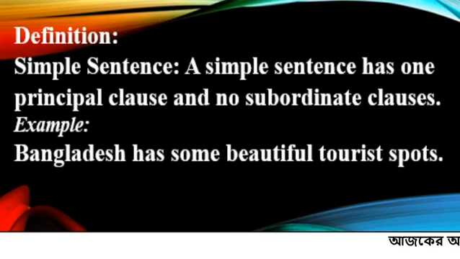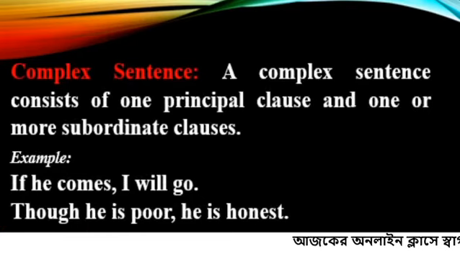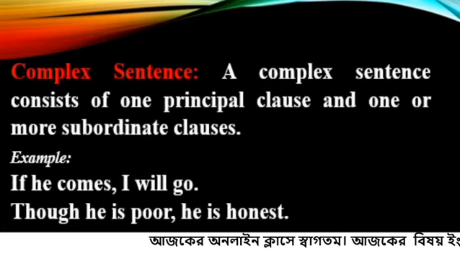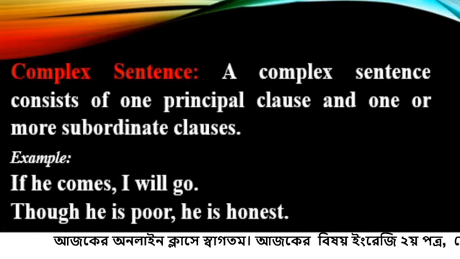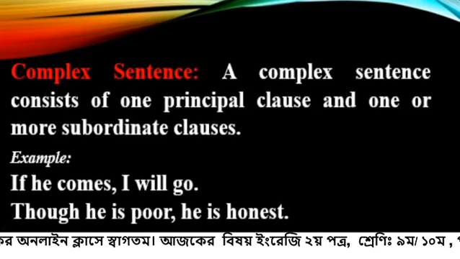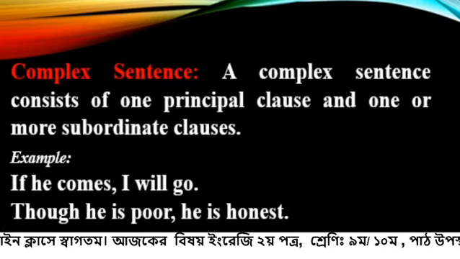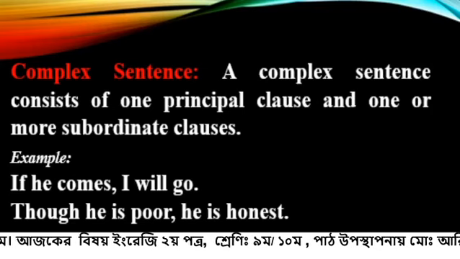Let's see what a complex sentence is. A complex sentence consists of one principal clause and one or more subordinate clauses. The sentence which has one principal clause and one or more subordinate clauses joined with a subordinating conjunction is called a complex sentence.